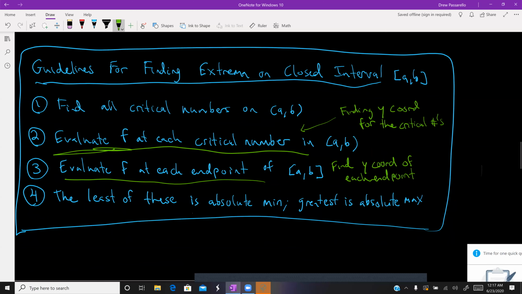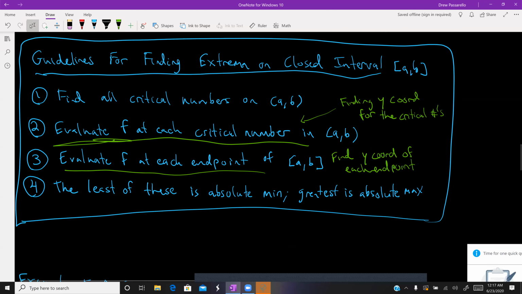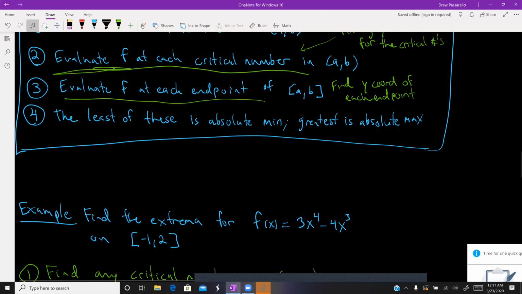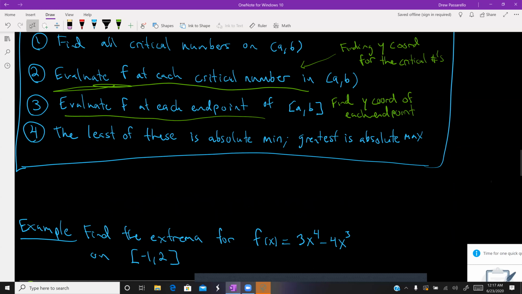And then, all right, so you found these different y-coordinates. The least of these is going to be the absolute min. The greatest of these is going to be the absolute max. That's the guidelines. And so I'll show an example going through the guidelines.